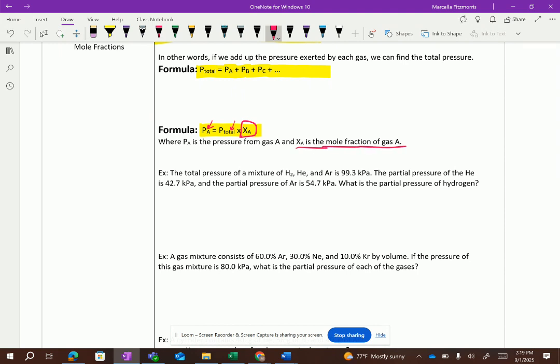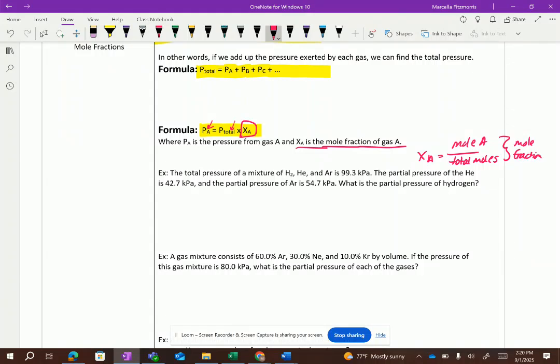So we're going to use this equation here. And I'm going to draw it out so you can see what the equation means. And then I probably won't do that ever again. Okay, so partial pressure of A, B, and C. In this case, A is hydrogen, B is helium, and C is argon. So I'm going to write it like this.